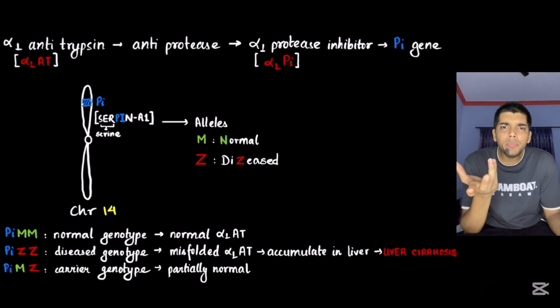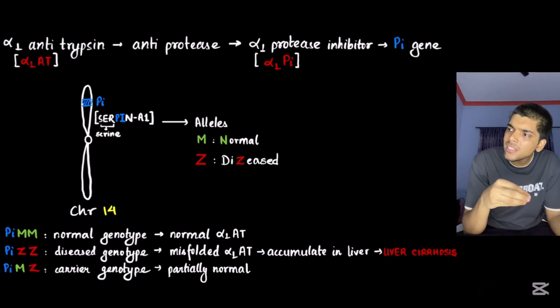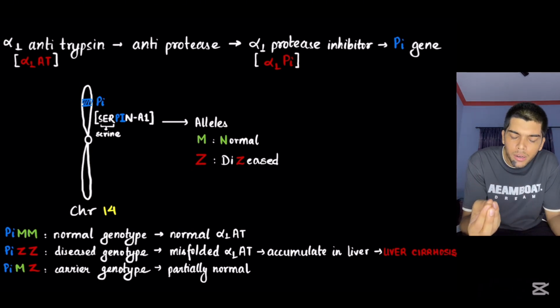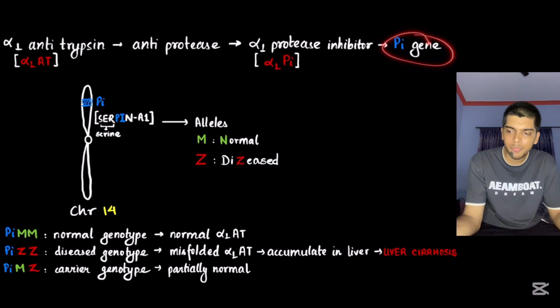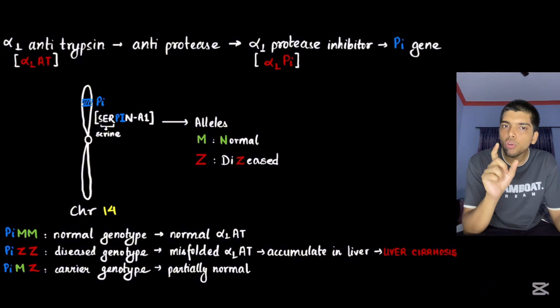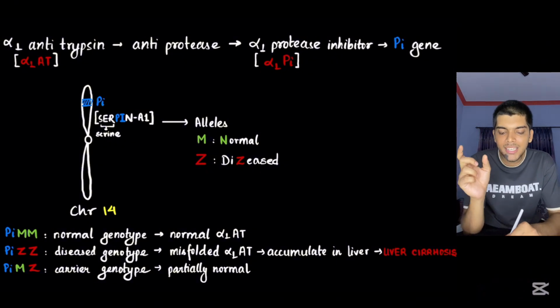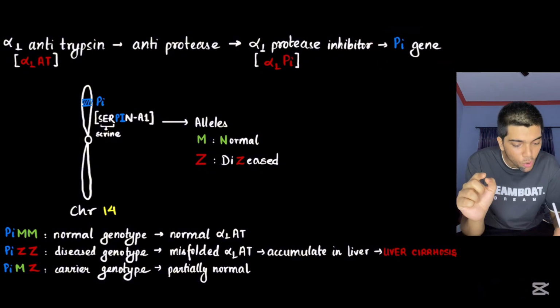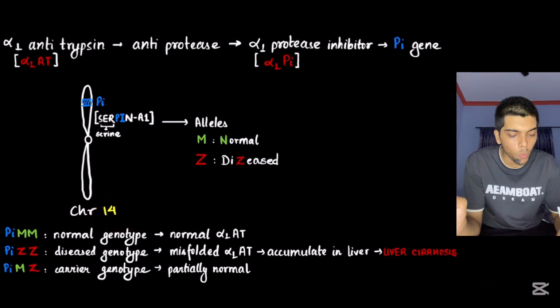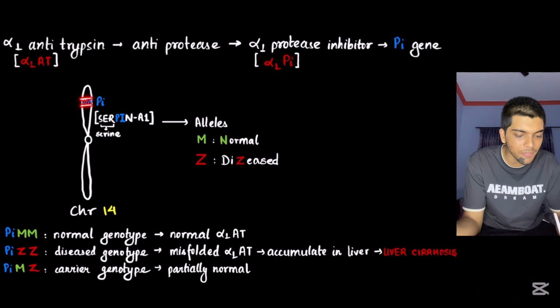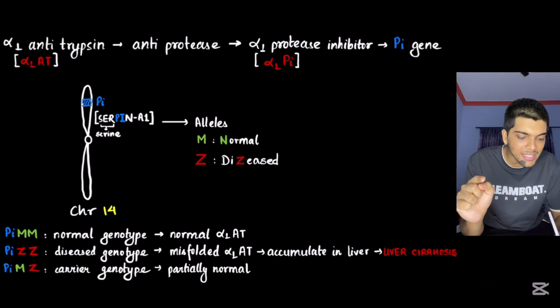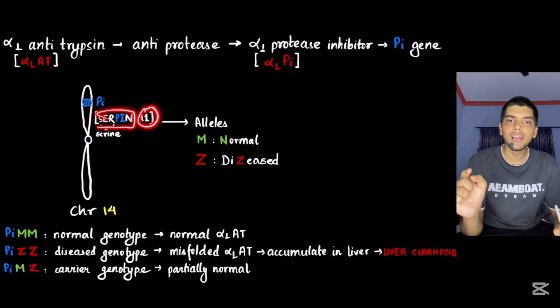So which gene would be responsible for the synthesis of this protease inhibitor protein? Obviously the protease inhibitor gene. Now the question arises, in which chromosome is the protease inhibitor gene present? It is present in chromosome number 14, more specifically SERPINA1.